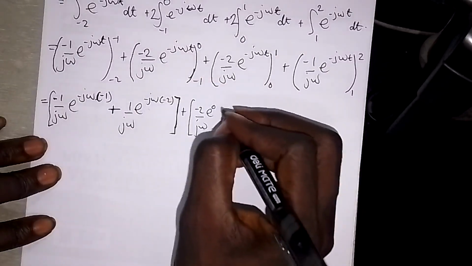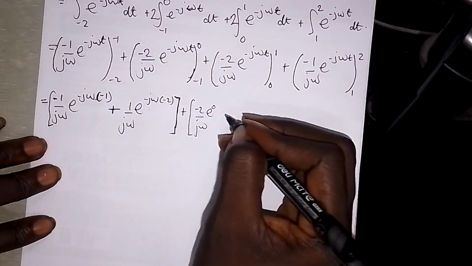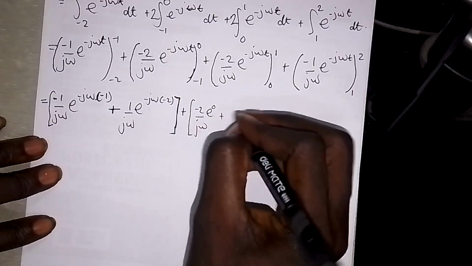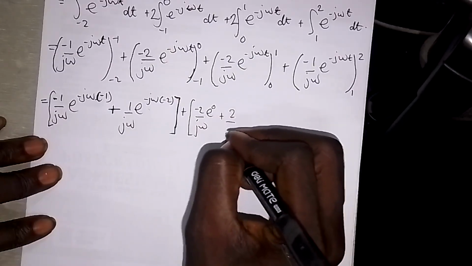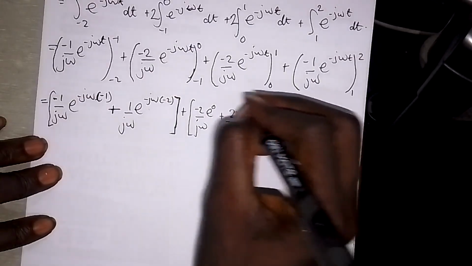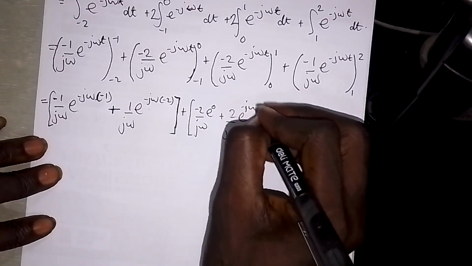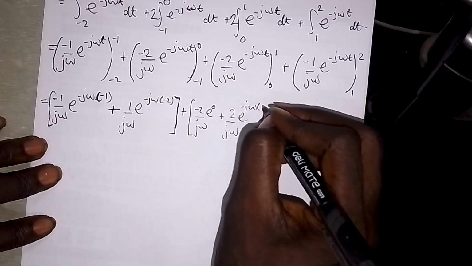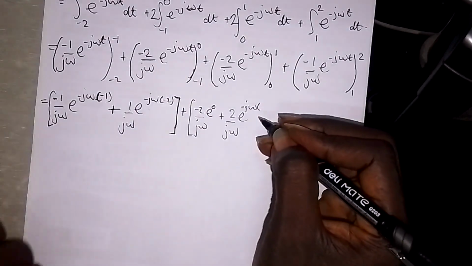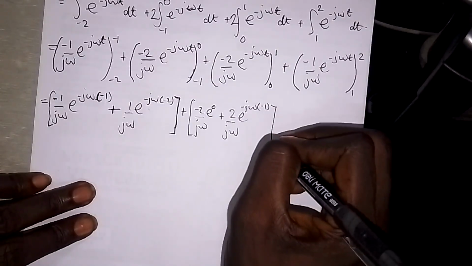Then it's going to be minus minus, so it will be plus, so it will be 2 exponent j omega, 2 exponent j omega into e exponent minus j omega. And then I will put my minus 1 inside, put my minus 1 here.